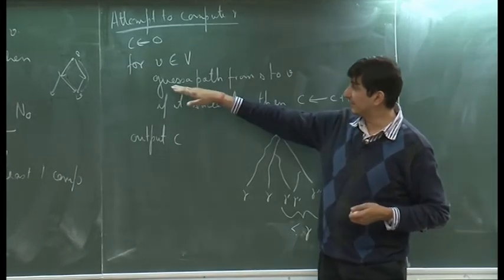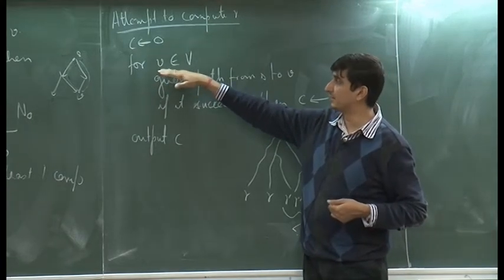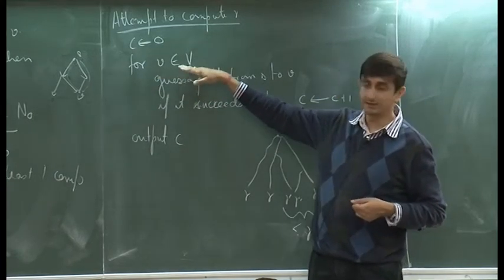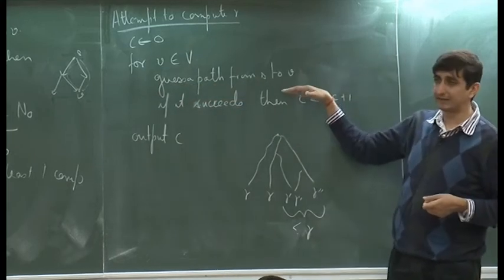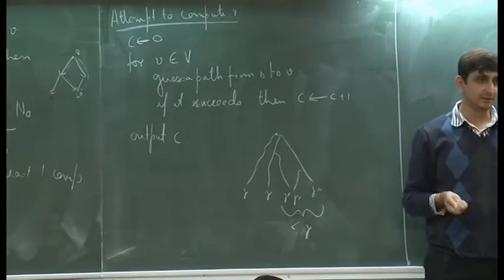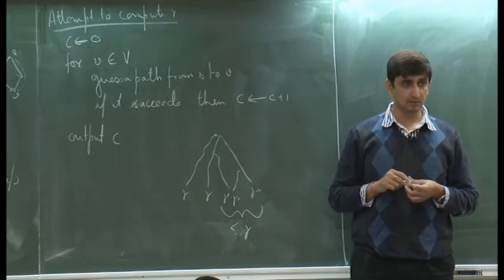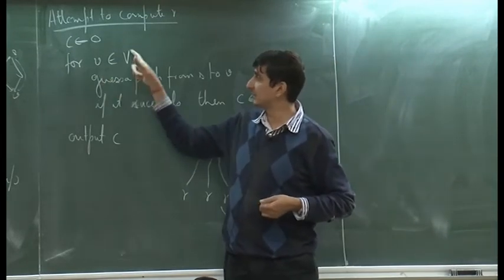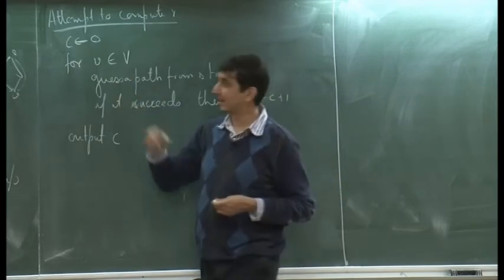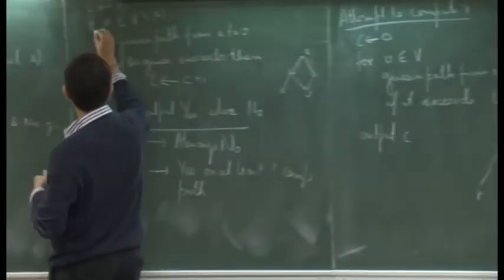Up to this point it is deterministic, but the moment I try to guess a path, that is where I am introducing non-determinism. So that will give me different computation paths. It is actually a loop, giving rise to a loop, and the same thing here.